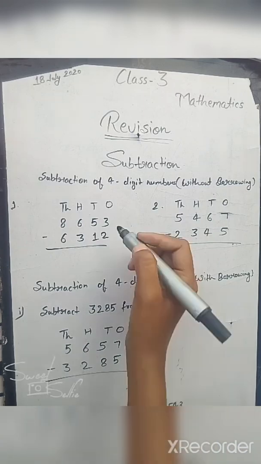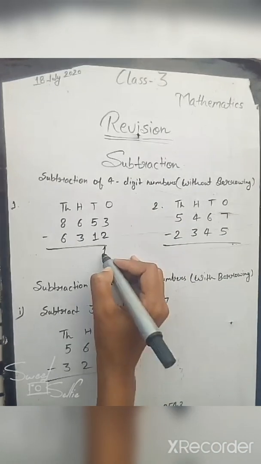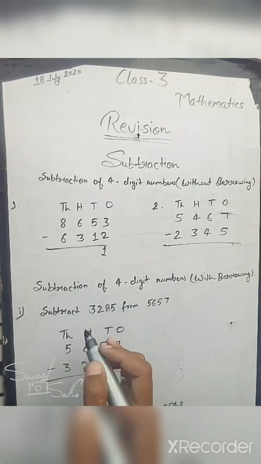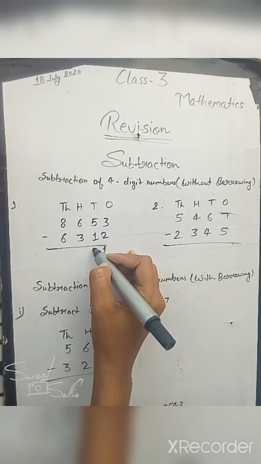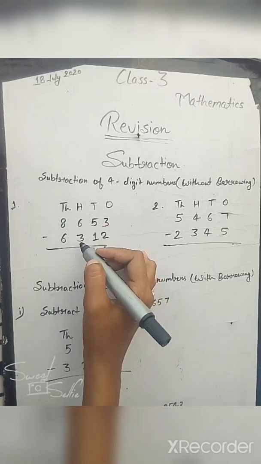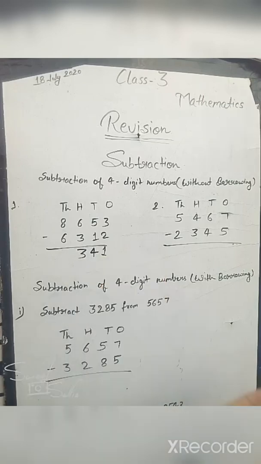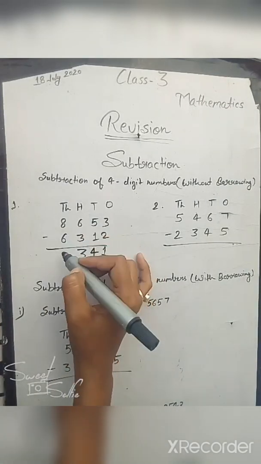So 3 minus 2, 1. At tens place, 5 minus 1, 4. At hundred place, 6 minus 3, 3. And at thousand place, 8 minus 6, 2.